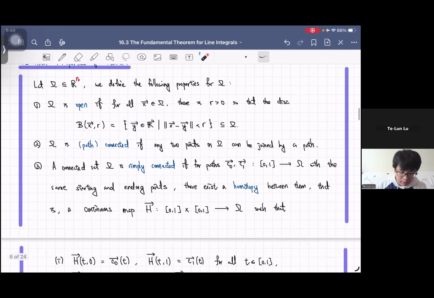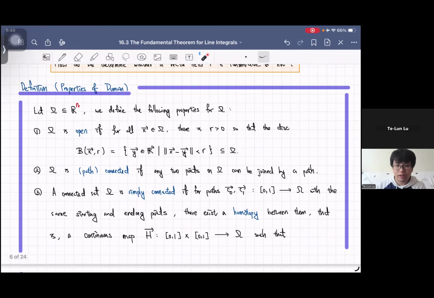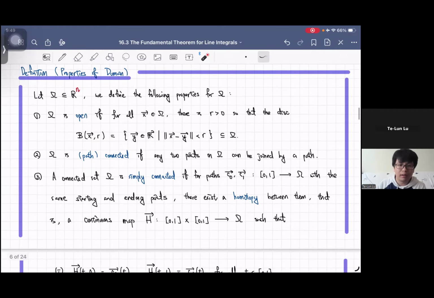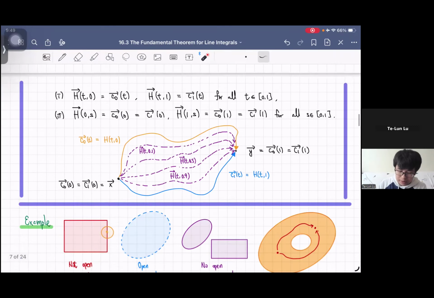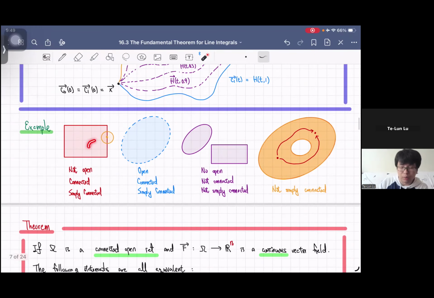All right. The second property I want to introduce here is called path connected. This is more direct than the last property. Basically, a set omega in R^n is path connected when every two points in omega can be joined by a path. So for example, these two are path connected.